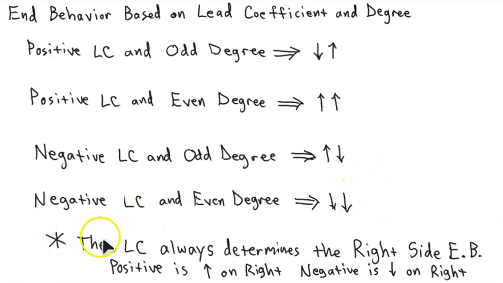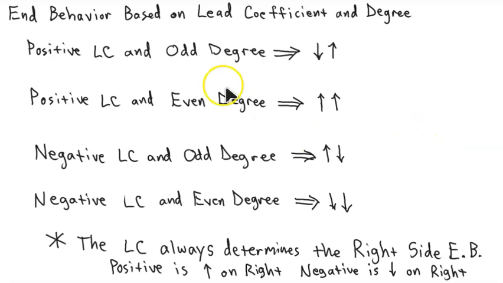Now there's two things I want to say here. The first one is, look at this. The lead coefficient always determines the right side end behavior. Positive lead coefficient is always positive on the right. And you'll see here, look, positive lead coefficient, positive on the right side. Here's negative lead coefficient, and you can see that we're negative on the right side, okay?